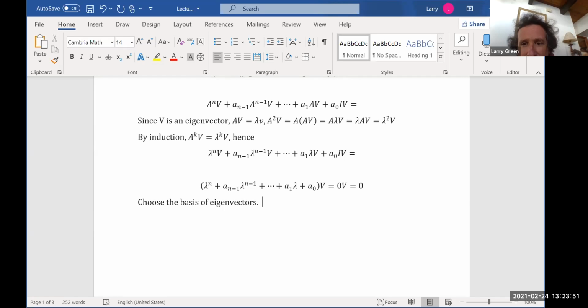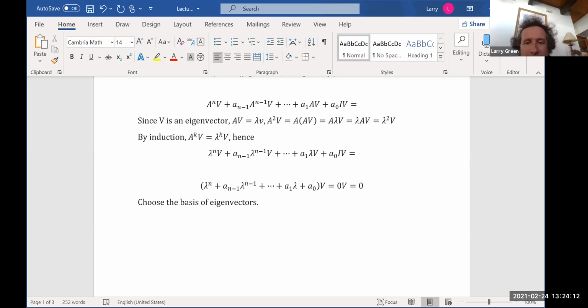Any questions on that? So we can choose the basis of eigenvectors. Well, if you choose the basis of eigenvectors, then what is A? So we're going to just change the basis, and we can do that, right?